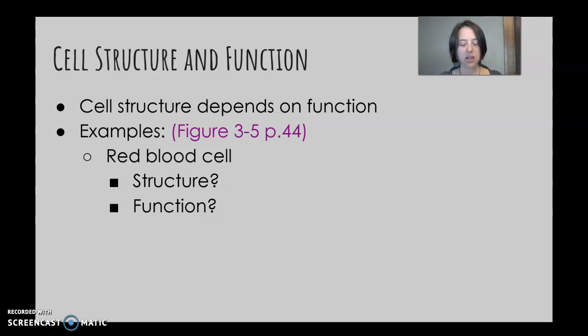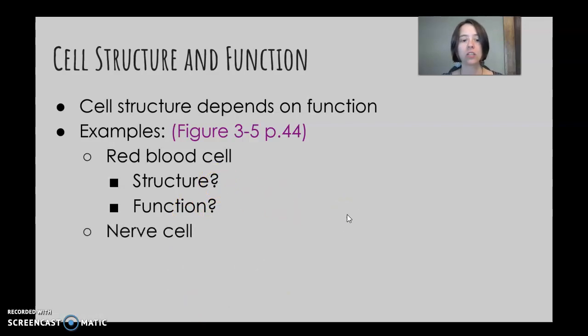If you said that it is an oval, donut-shaped cell, and that its function is to carry lots of hemoglobin and oxygen, you would be correct. It's chock full of hemoglobin, which carries oxygen, and that flows in the blood. So its function is related to its structure.